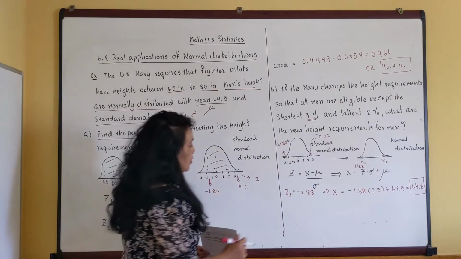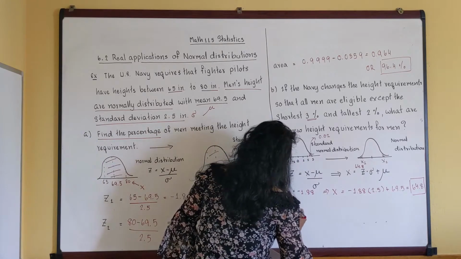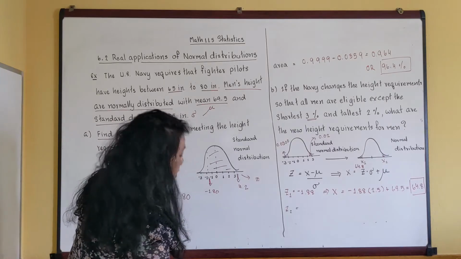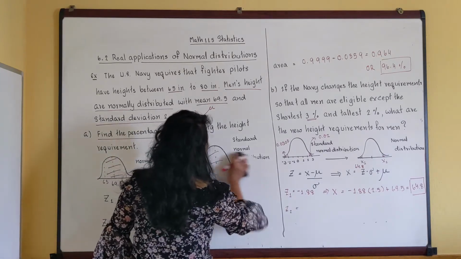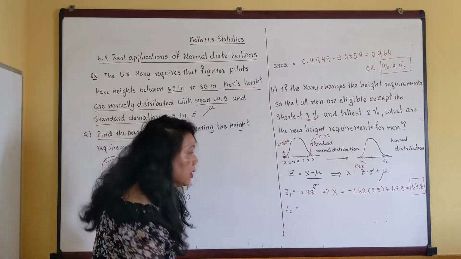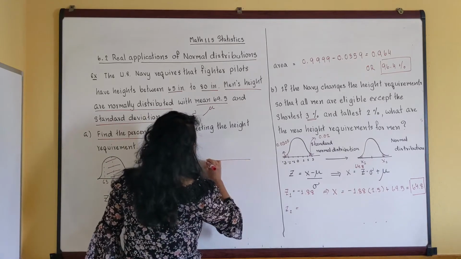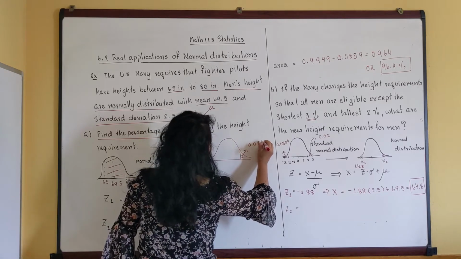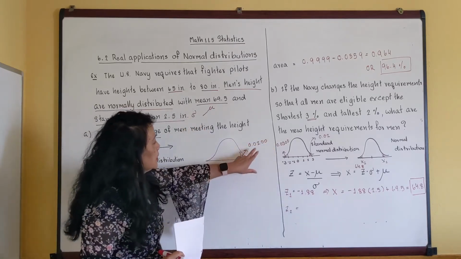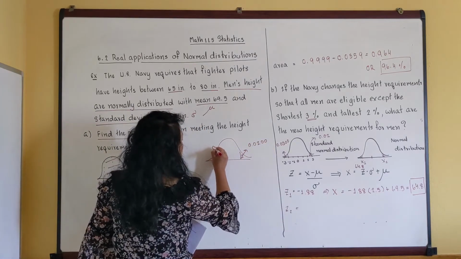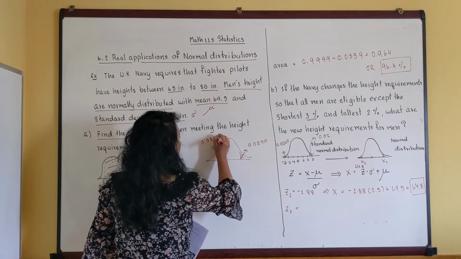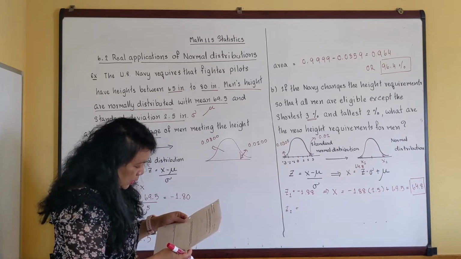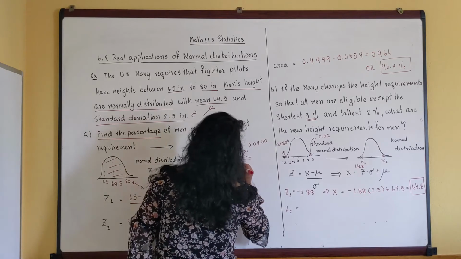Now I have to find z2. There are two ways to do this, for the 2% here. One way: subtract this from 1 to get 0.9800, and use this number to find the z-score from table A2, which is 2.05.